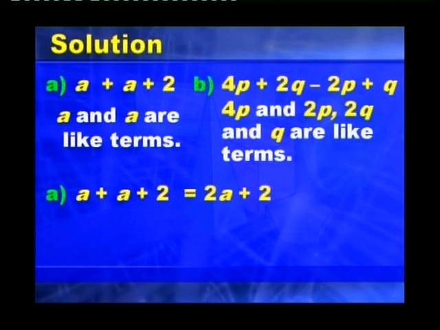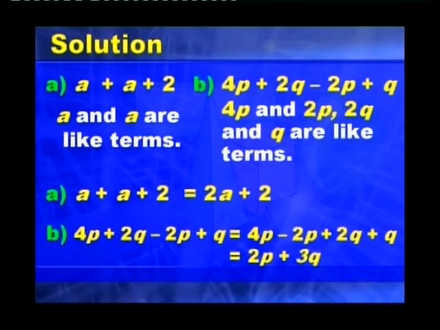Because they are the same: 4 lots of P and 2 lots of P. 2 lots of Q and 1 lot of Q are also like terms. That's why we add 4P and 2P, and we add 2Q and 1Q.